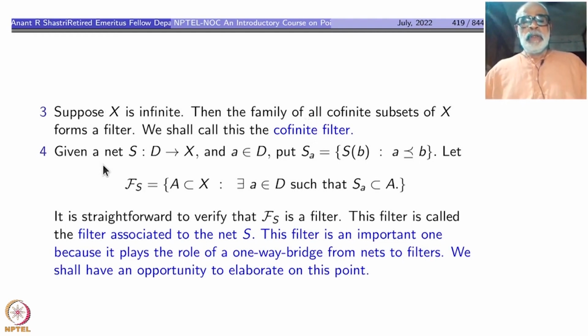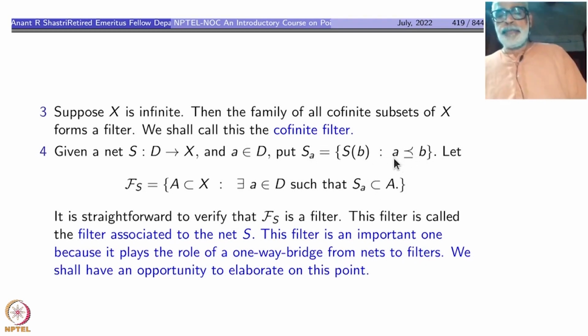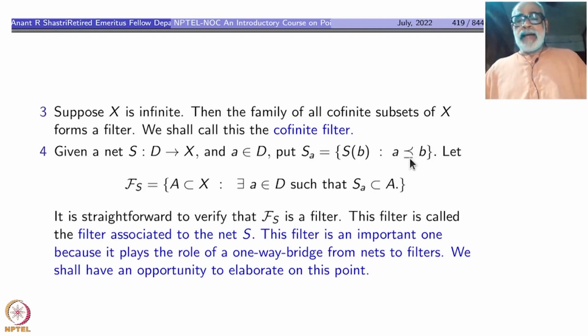Given a net S from D to X, so D is a directed set, S is from D to X, take any element a inside D and take the section S_a, the set of all S_b such that b follows a, or b is bigger than a, whatever you want to say, including a also. Okay, look at that.